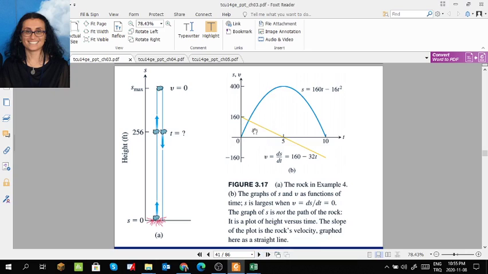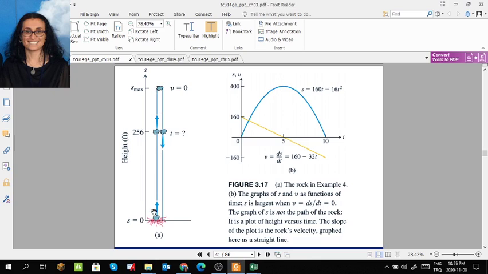Okay, let's read this again. The blue color is the distance function, and the yellow one is the velocity function. At time t equal to 0, the location is 0, so the rock is here, and then after 5 seconds, or 5 minutes, whatever, the height is 400, so this is the highest place, 400.